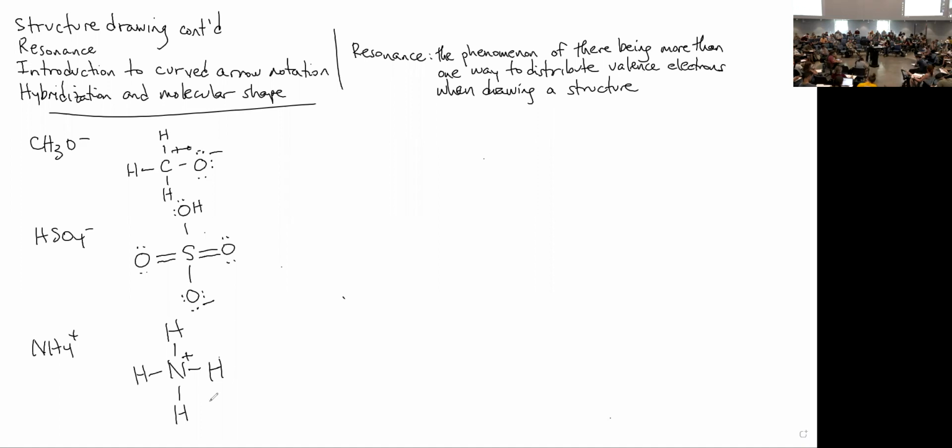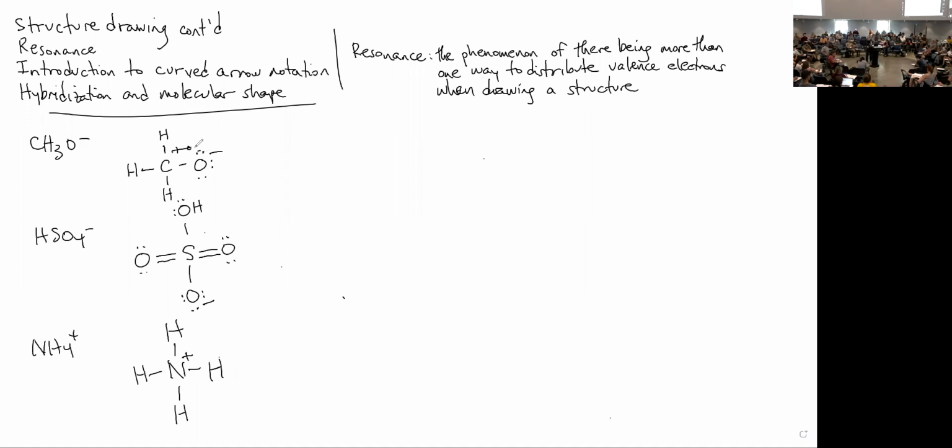Now, a species like the ammonium ion, NH4+, does not exhibit resonance. There's 8 valence electrons, and there they are. That's the only way to put them in. The methoxide ion also does not exhibit resonance. That's the only correct way of distributing those, I think 14 electrons. There is no other way.